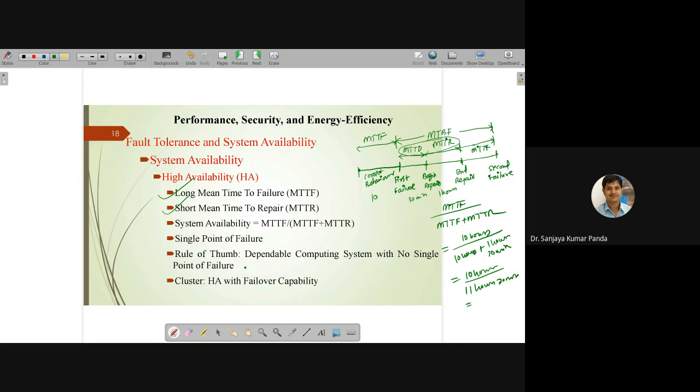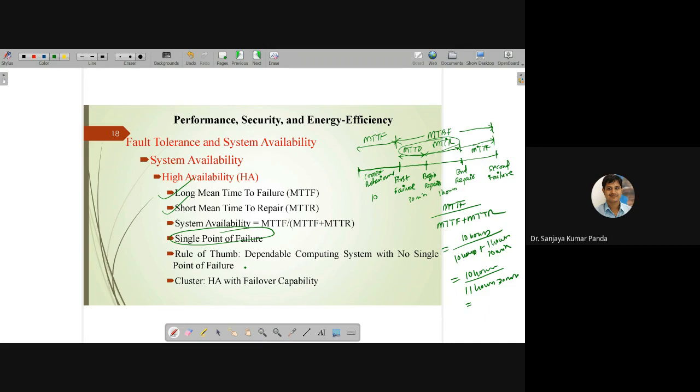And you have to ensure that there is no single point of failure in the system, just like in a centralized system. So the rule of thumb says: a dependable computer system has no single point of failure. Systems coordinate with each other to execute a particular application or perform a particular work, but there is no single point of failure.